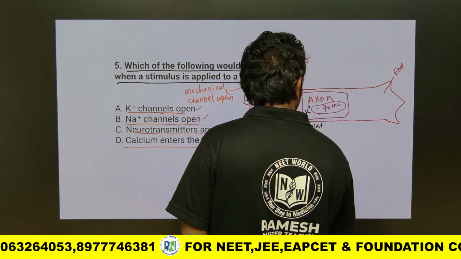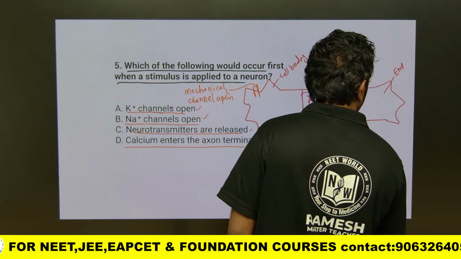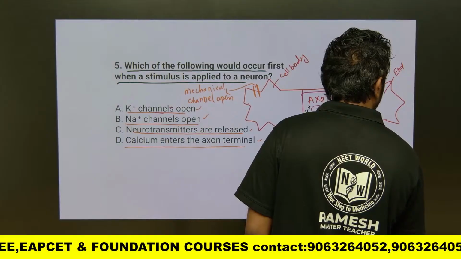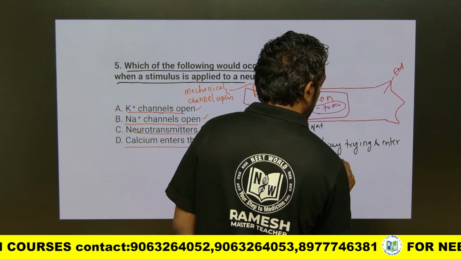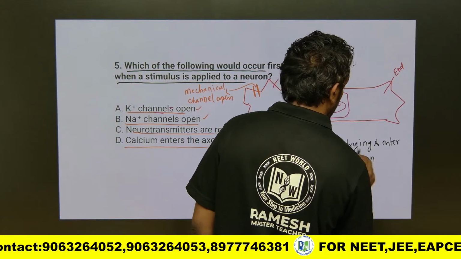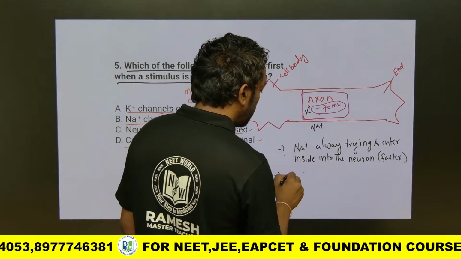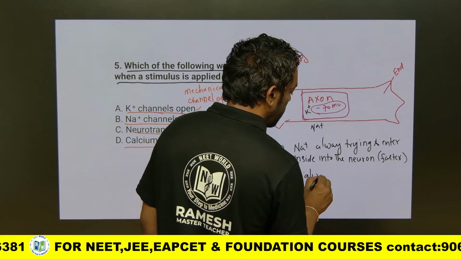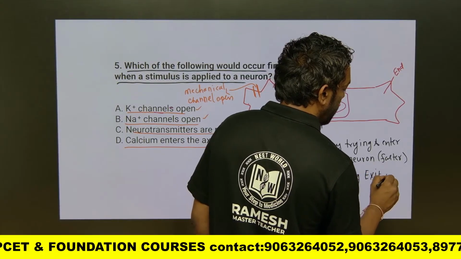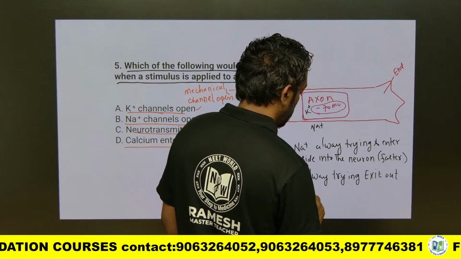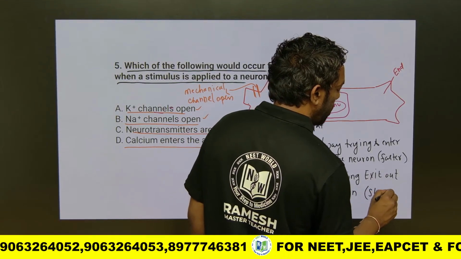Sodium is always trying to enter the neuron, which is the faster reaction, and potassium is always trying to exit the neuron, which is the slower reaction.